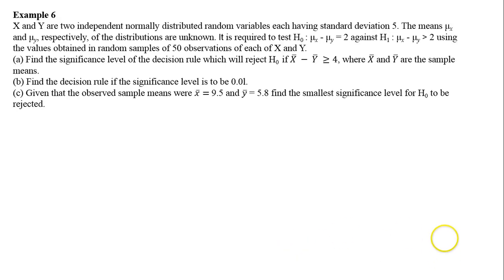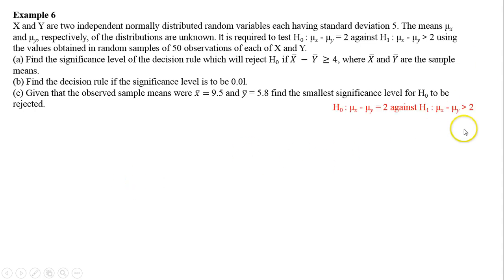It is required to test that the difference in mean is equal to 2 against the difference in mean is greater than 2, using values obtained in a random sample of 50 observations of x and y. So find the significance level of the decision rule, which will reject the difference in means being greater than or equal to 4, where x bar and y bar are the sample means.